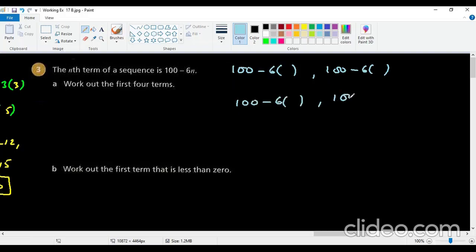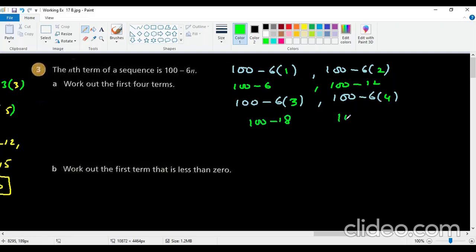So I will replace the numbers with the brackets, and it is going to be 100 minus 6, 100 minus 12, 100 minus 18, and 100 minus 24.